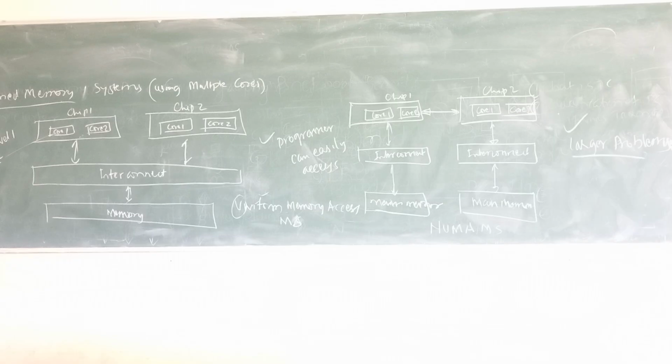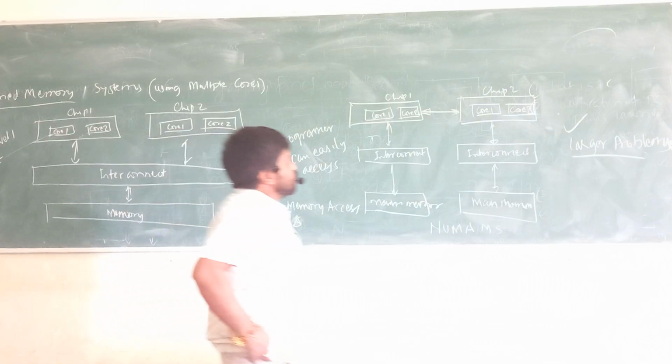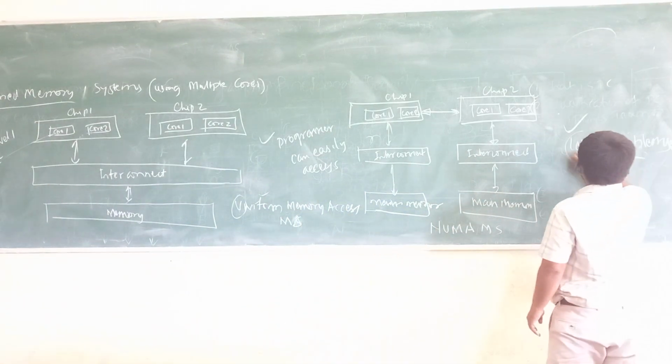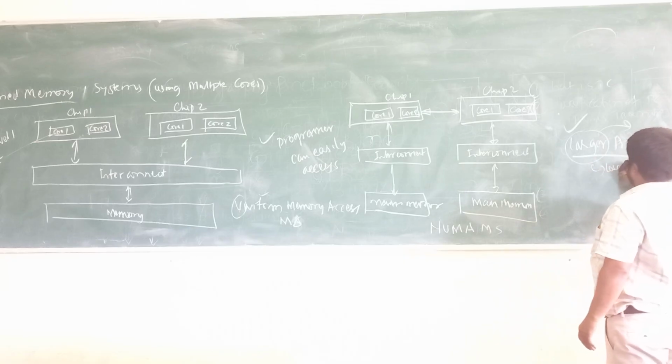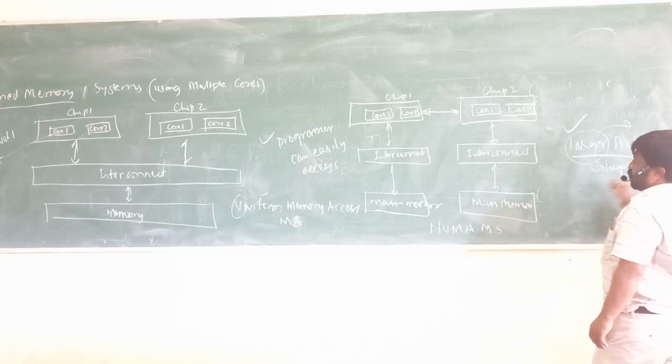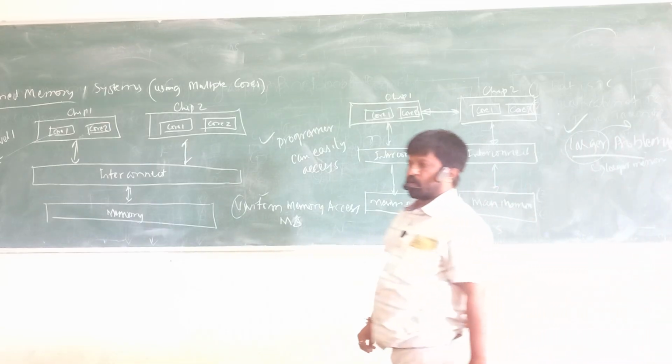The main advantage of NUMA is that non-uniform memory access systems have the potential to use larger amounts of memory than UMA. Larger problems will need this larger memory, and this larger memory can be accessed through the non-uniform memory access system.